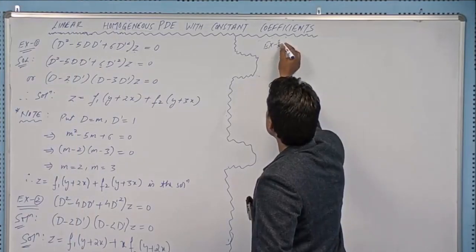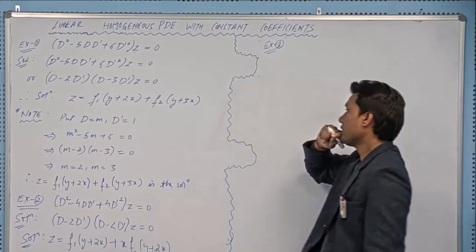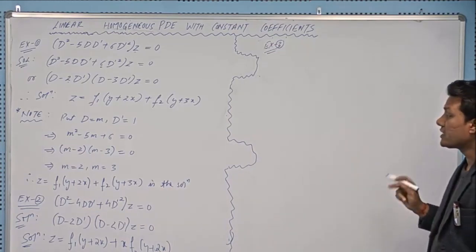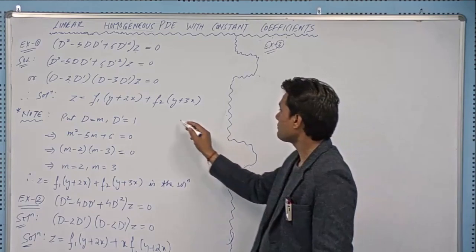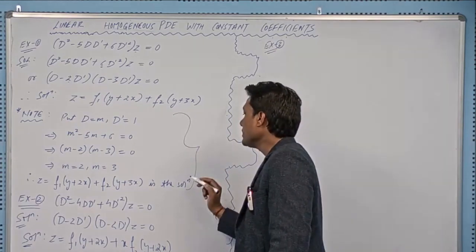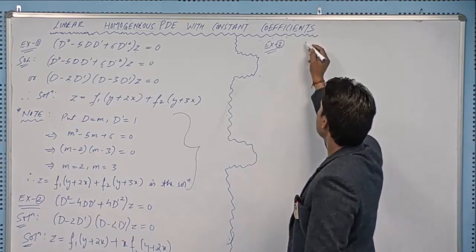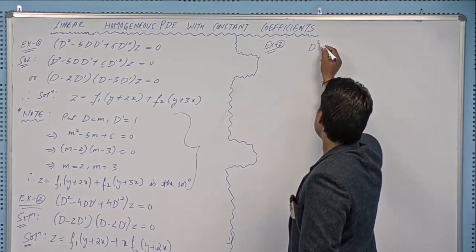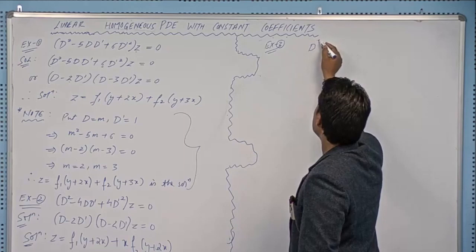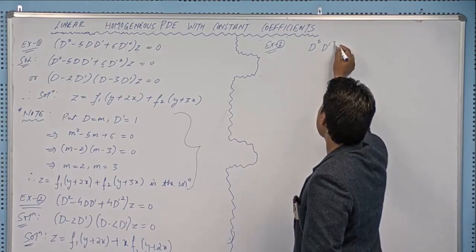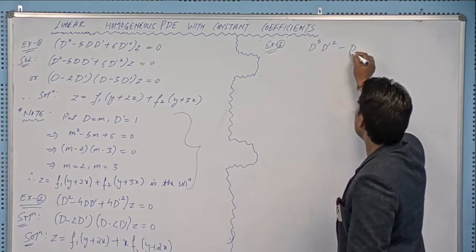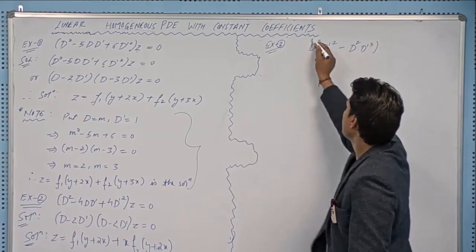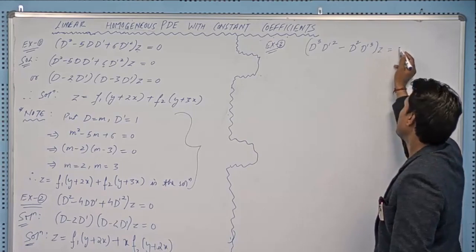Let me take another example, the one which contradicts this method. The example is (D³D'² − D²D'³)z = 0.